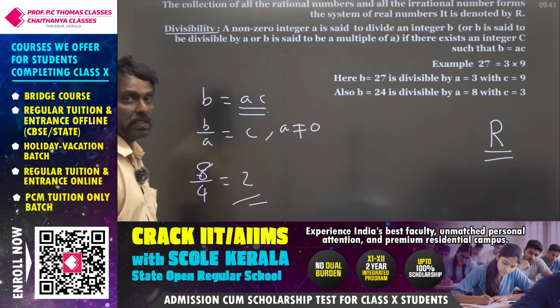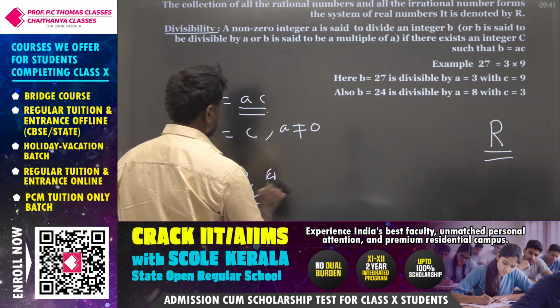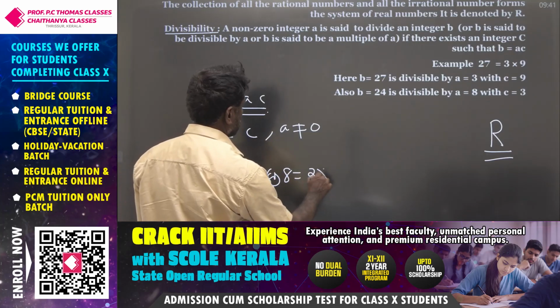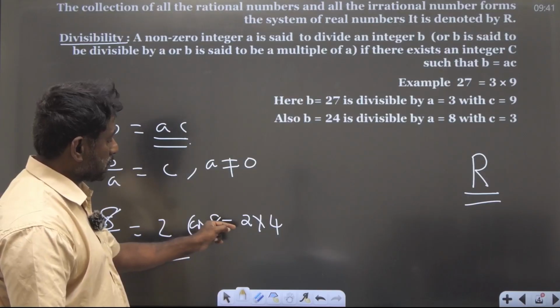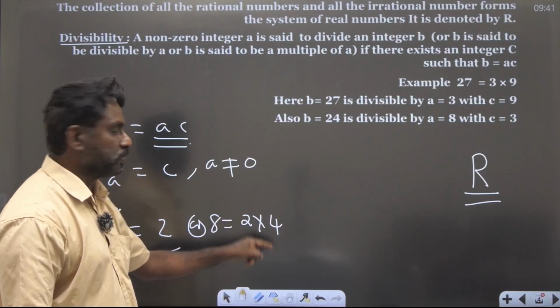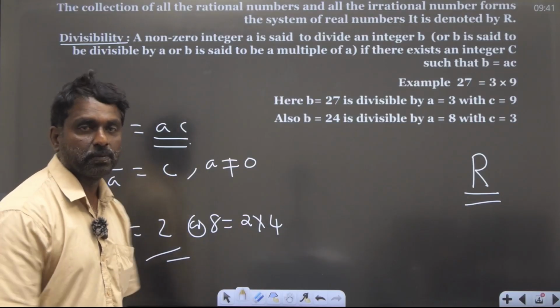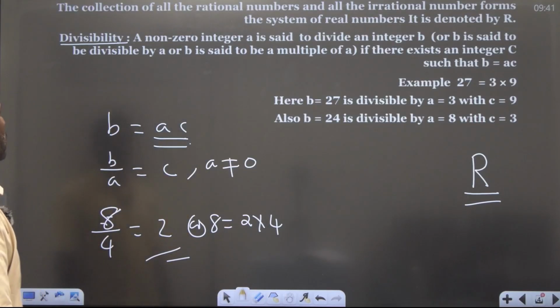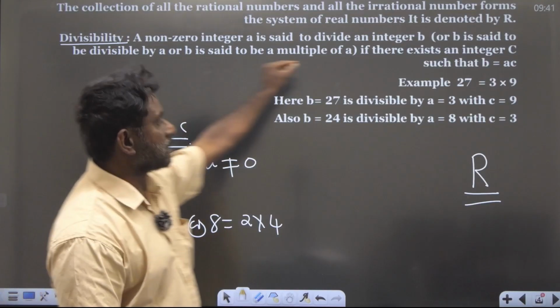This is called divisibility. 8 by 4 equal to 2, or 8 is equal to 2 into 4. That means 8 can be represented as a multiple of 2, or as a multiple of 4. Both are the same, no problem. That is the meaning of this sentence.